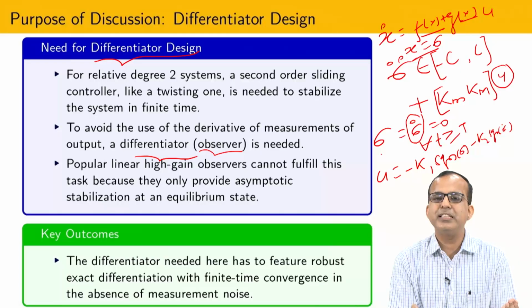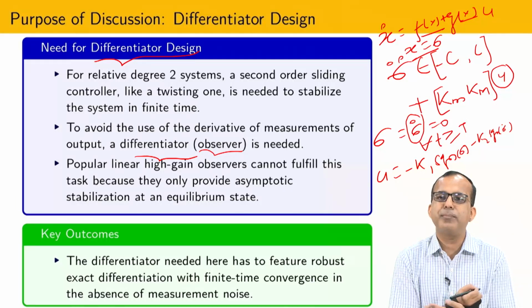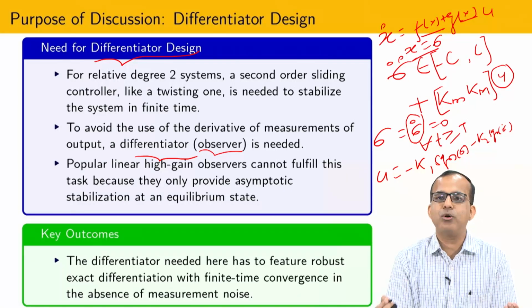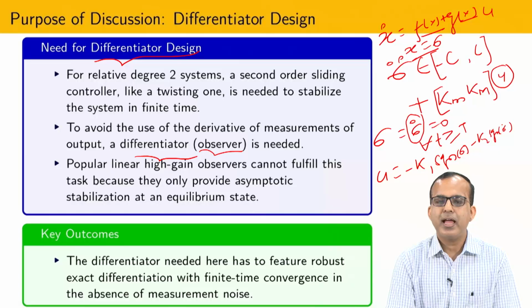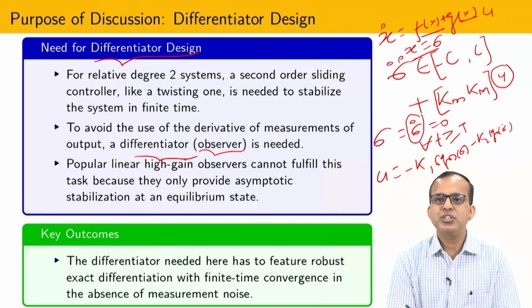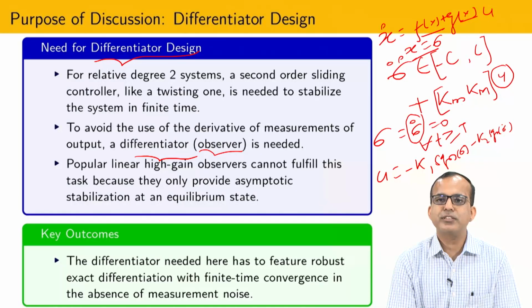We just assume that we know the relative degree of the system, that is 2, but the mathematical model is completely unknown, meaning a black box situation. For that reason we have to go via the differentiator, and Professor Levant proposed an arbitrary order differentiator, and made sure that this kind of differentiator works in the presence of uncertainty or measurement noise.